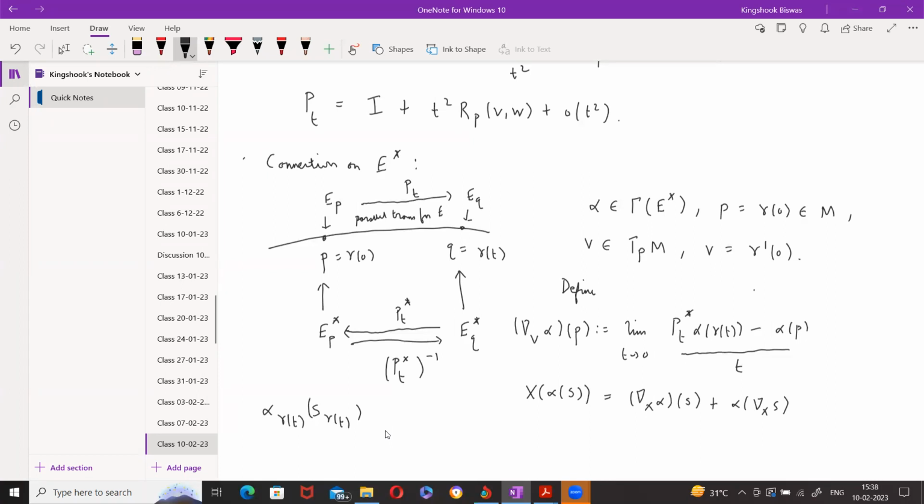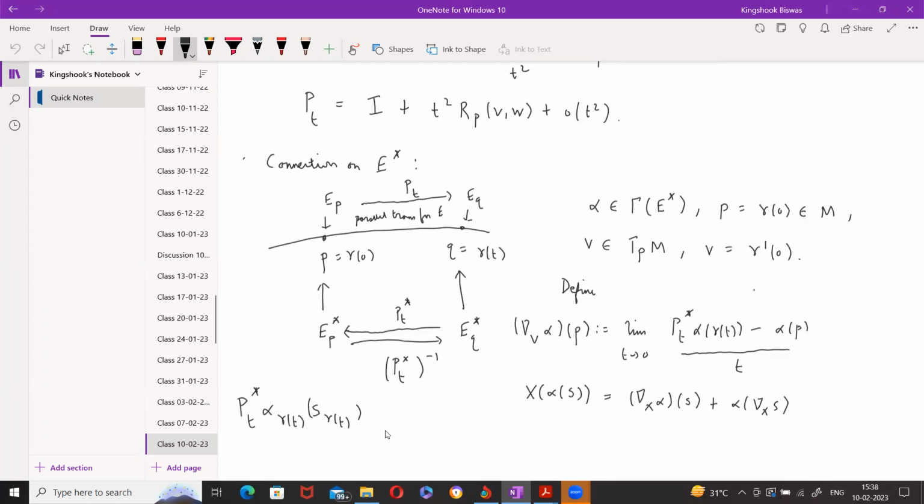So if I do PT star of this, I know that PT star of alpha gamma t is going to be alpha at P plus t times this.